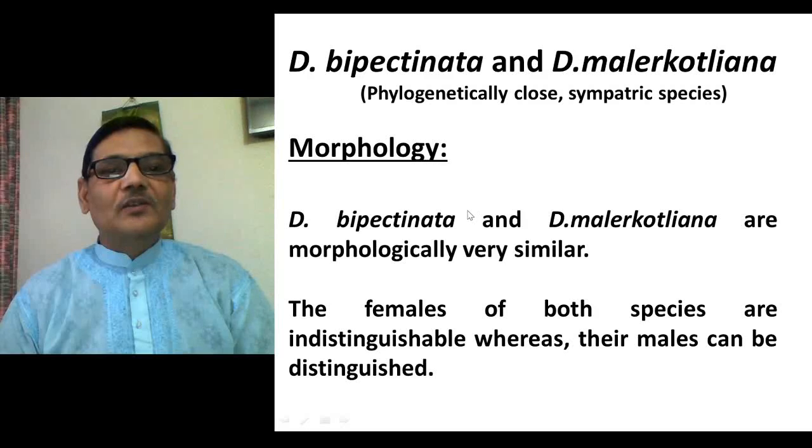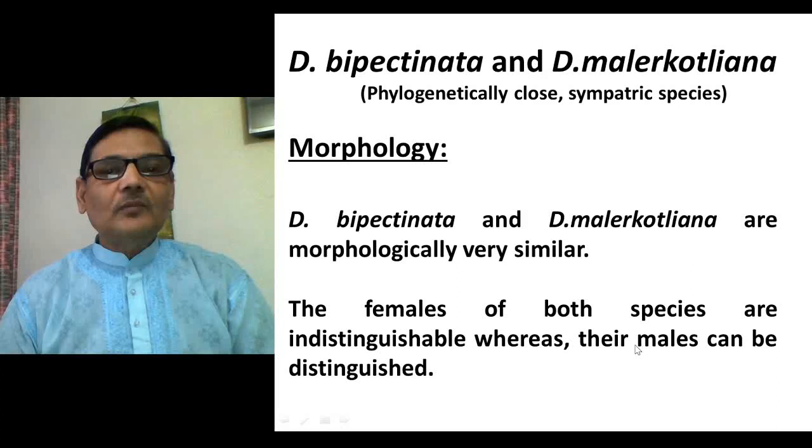As a whole, these two species are morphologically very similar, but their females are very much the same. We cannot identify any female of these two species confirmatorily. It is not possible at all, but their males can be distinguished.